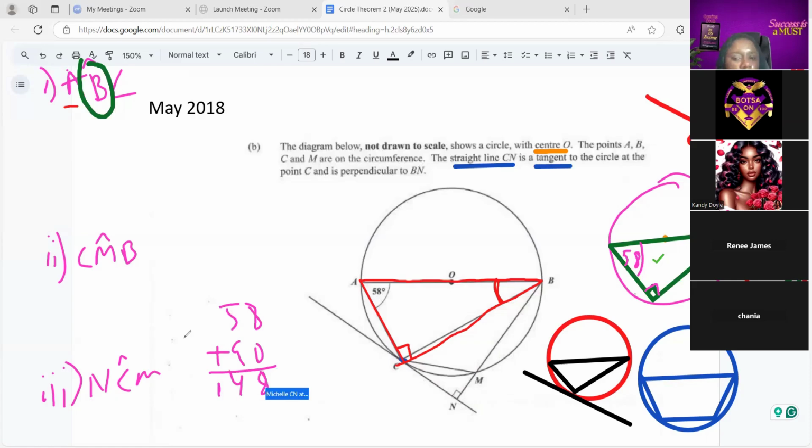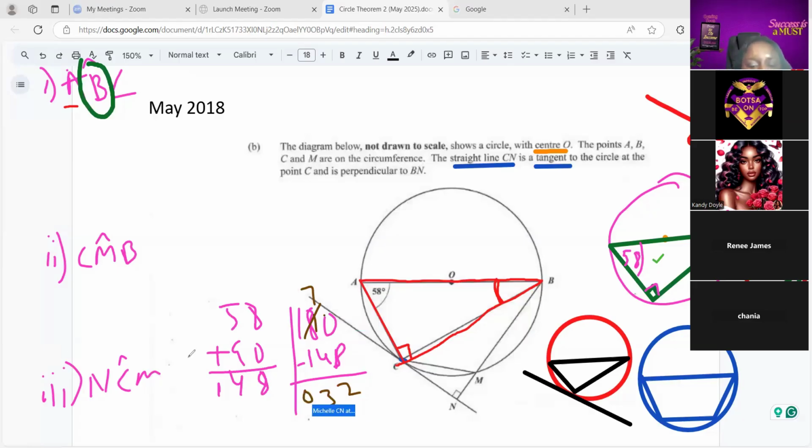And all triangles have a total of, you all need to remember, 180 degrees. So we say 180 take away 148. We borrow from the 8, it becomes 7. So this will be 10 take away 8 is 2, 7 take away 4 is 3, 1 take away 1 is 0. So I saw some people saying 32 degrees.